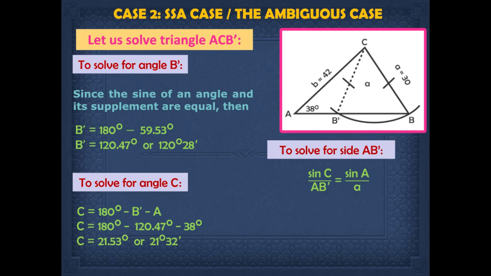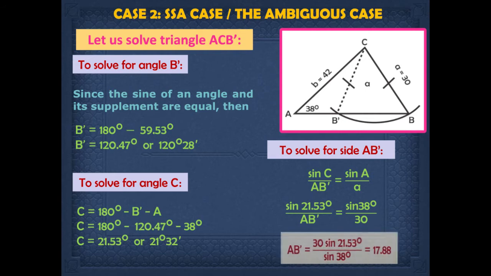Substitute the values, we will have sine 21.53 degrees over AB prime equals sine of 38 degrees over 30. Therefore, AB prime will be equal to 30 times sine of 21.53 degrees all over sine of 38 degrees.